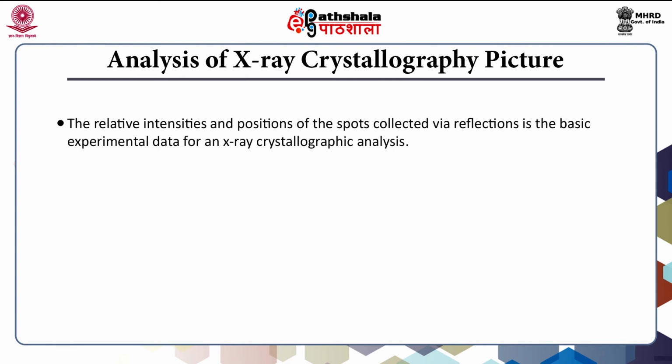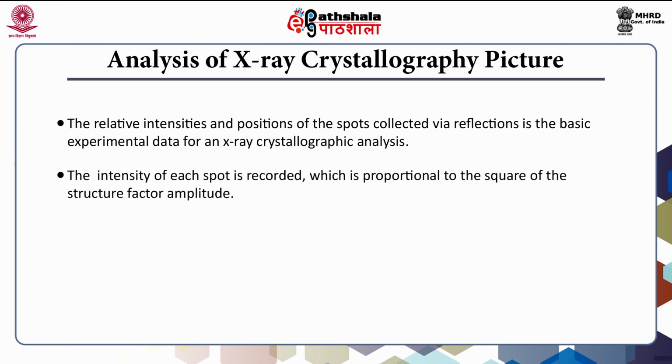For the analysis of the X-ray crystallography picture, what we have in our hand are the intensities and positions of these reflections on the X-ray film. Let us think about normal picturization by simple microscopy.